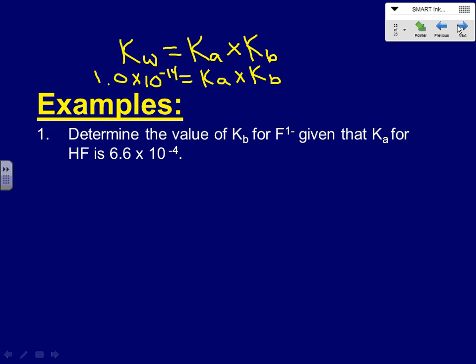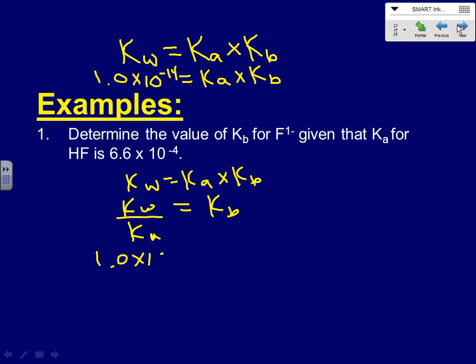So if I have Kw equals Ka times Kb, and I want to determine the value of Kb, then Kb is going to be equal to Kw over the Ka, because I just brought that Ka to the other side. And that's equal to 1.0 times 10 to the minus 14 over 6.6 times 10 to the minus 4, and that will get us then the Kb for F minus.